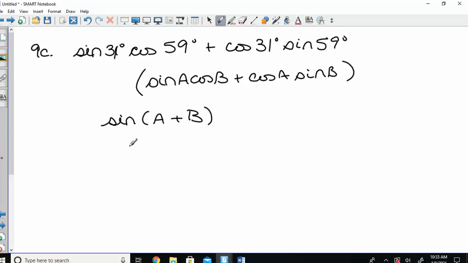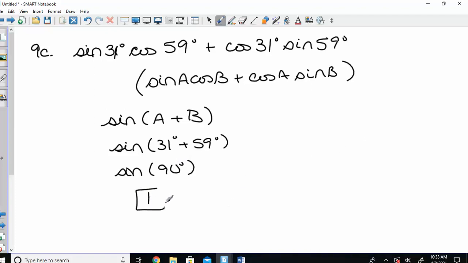That's the sine of A plus B, because it's the plus in the middle. The cosine formula switches signs, but the sine does not. So then that's the sine of 31 plus 59. So that's sine of 90, which if you do your hand trick is 1. That's what it is. Those positives and negatives make a big difference.